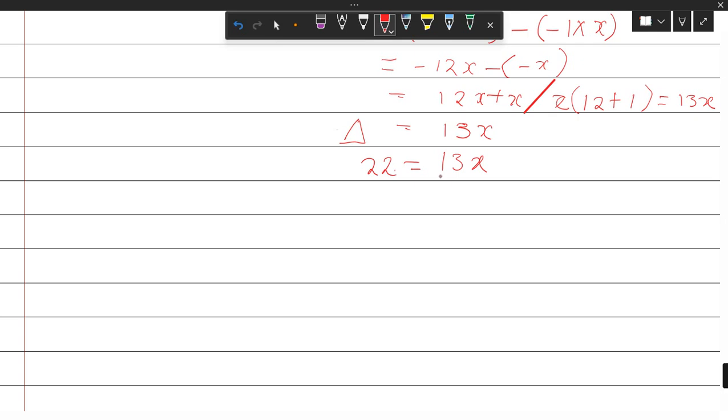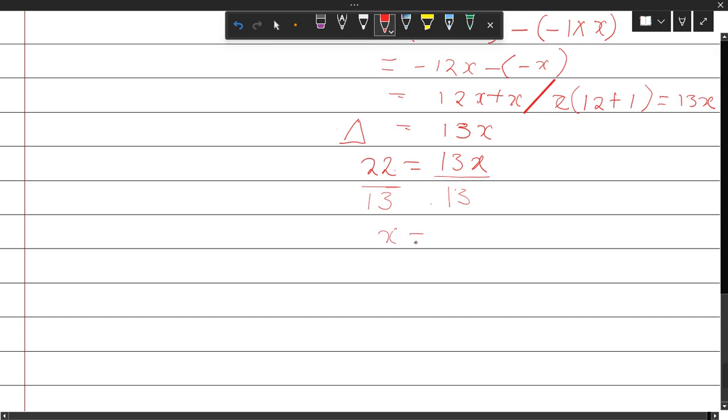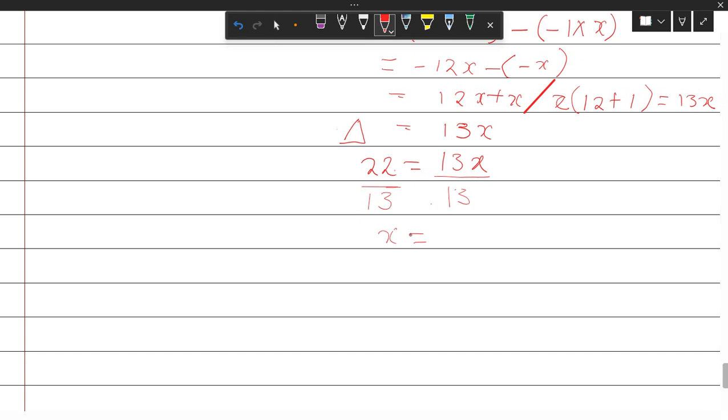From here we divide both sides by 13, so x equals 22 over 13. If we divide 22 by 13, we can just leave it as a fraction since it's not quite divisible. 13 is a prime number, so it's better you leave it like this.